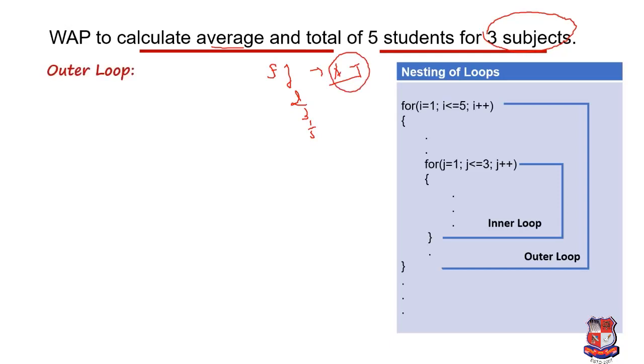Firstly, we take an outer loop for students, because over here we have two things, students and subjects.